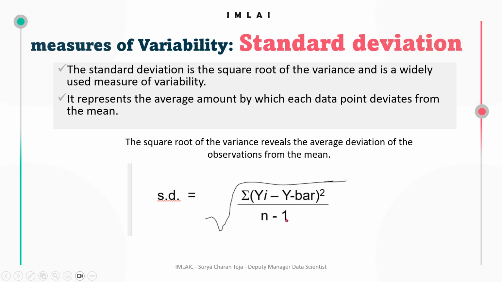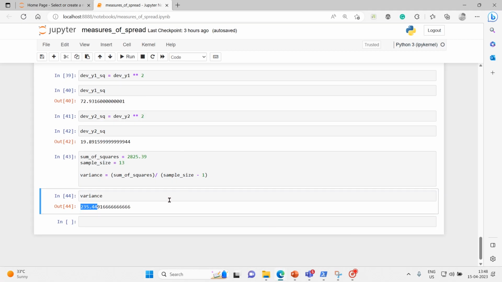That's the variance. Now just the square root of everything will give you the standard deviation. Let's do an example on the standard deviation.